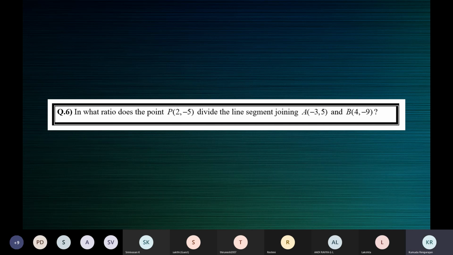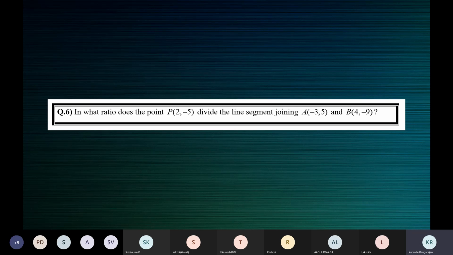Now remember this, children. To find the ratio, if the ratio is not given, we either use the x coordinate of the point of division or the y coordinate of the point of division.